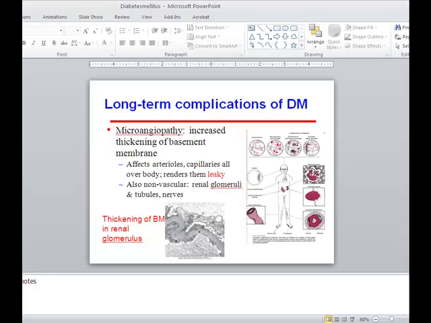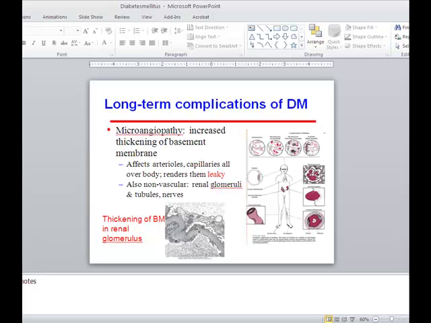Okay, and then there are changes with blood vessels, microangiopathies, and in the blood vessels you have increase in the thickening of the basement membrane, especially in the arterioles and capillaries.